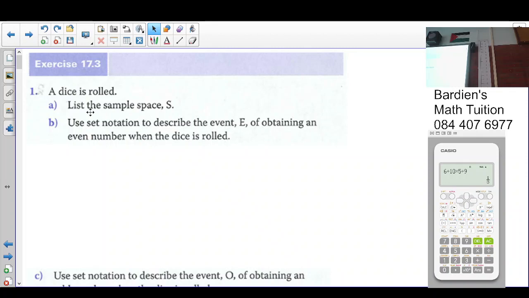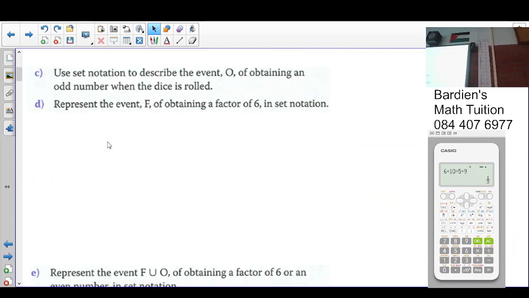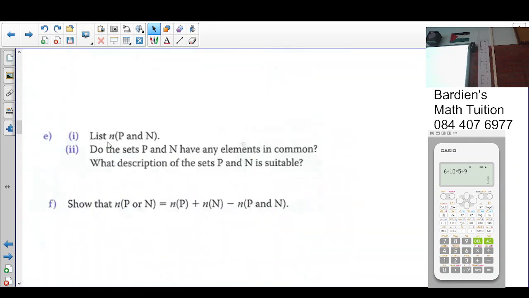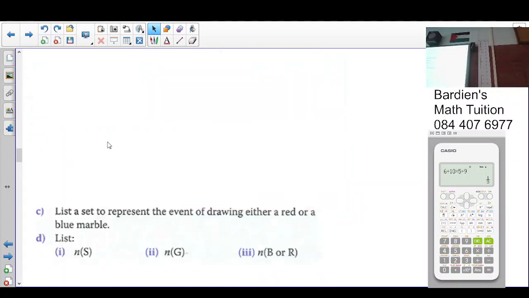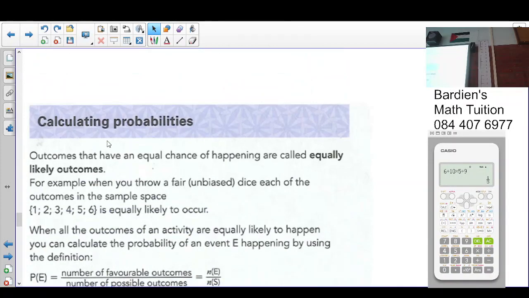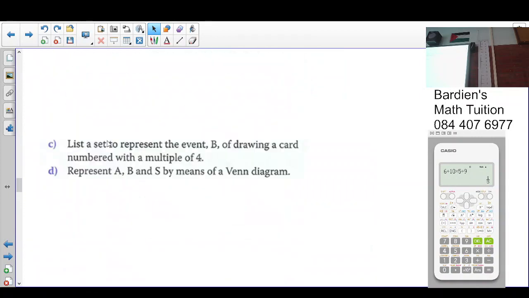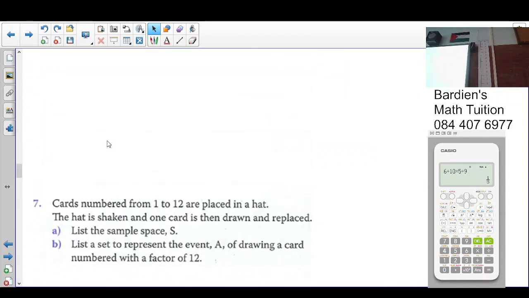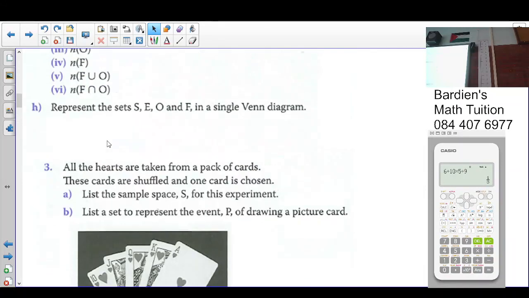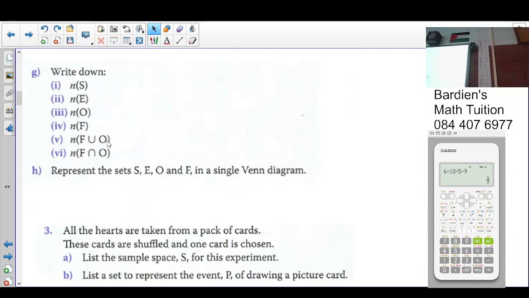In 17.3, I want you guys to do numbers 1, 3, 5, 7. Let's start now, and whatever is left is for homework. And in our next lesson, we will answer these questions in a video.